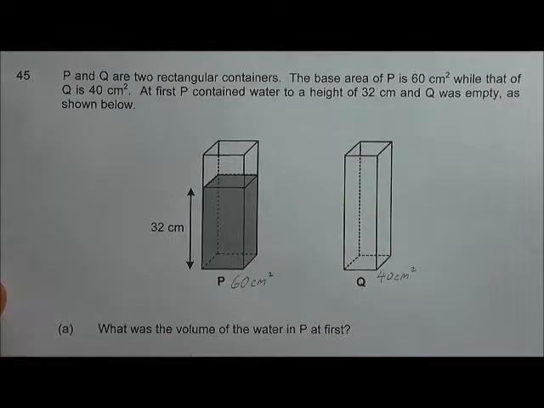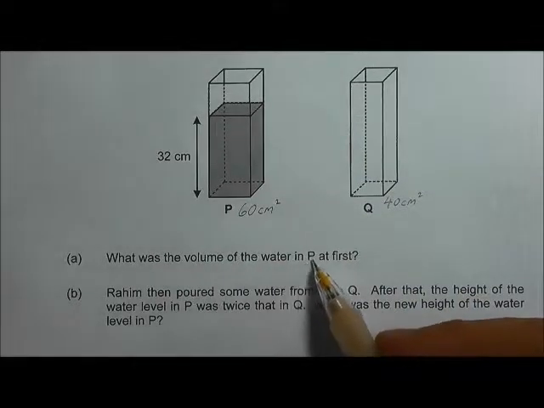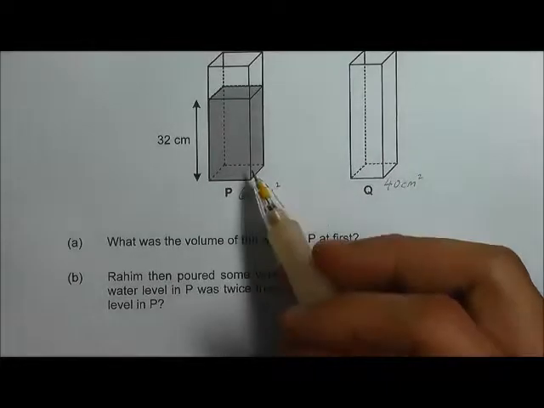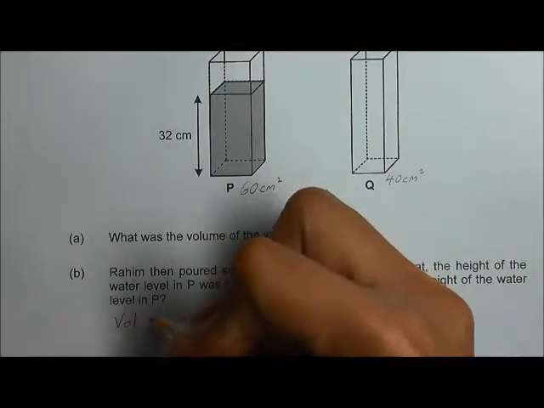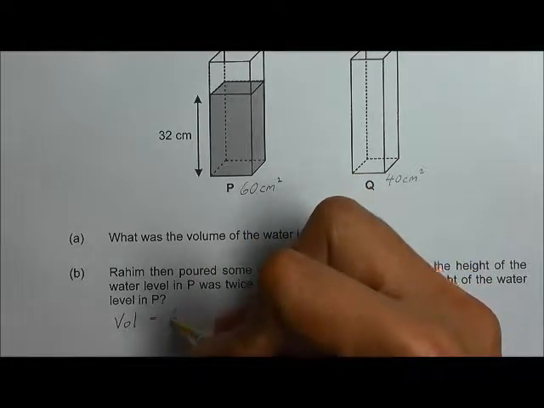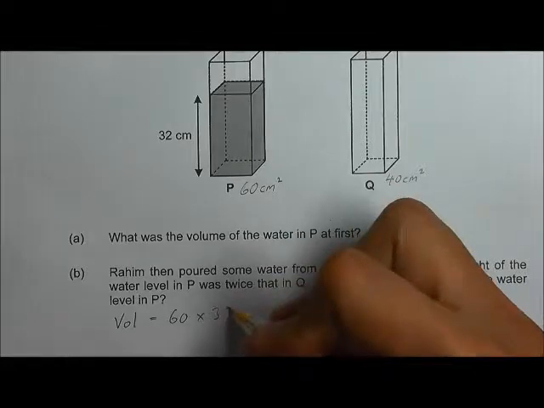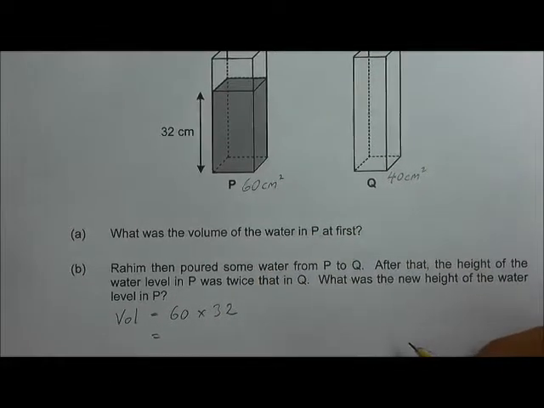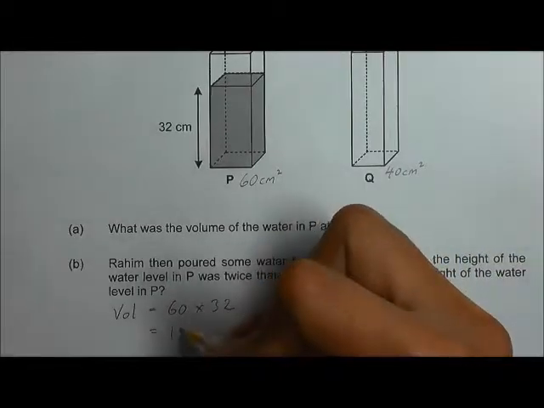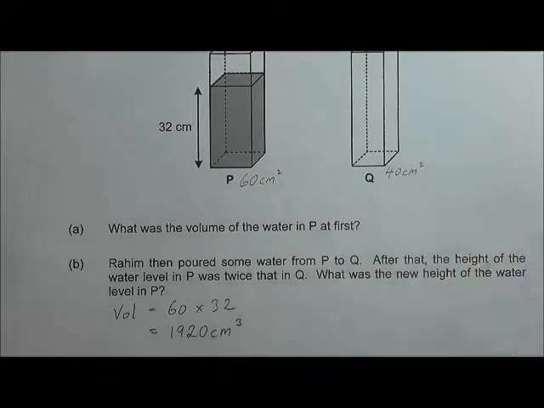So part A, what is the volume of the water in P? We can find the volume by taking the base area, 60, multiplied by the height, 32. So the volume of the water in P at first is 1920 cm cube.